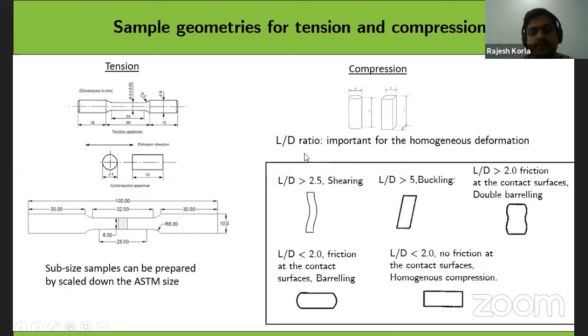Whereas in compression experiments, the sample can flow freely along the lateral direction also, unlike in tension. This can create some difference between the material properties in tension compared to compression. So you have to correct for these things and then compare the data between tensile and compression. Then you can comment that there is anisotropy in the properties in tension and compression.